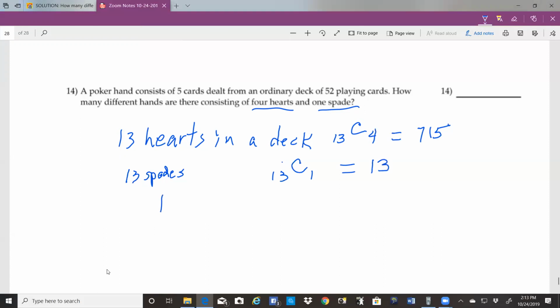So the total possibilities would be 715 times 13 equals 9,295.